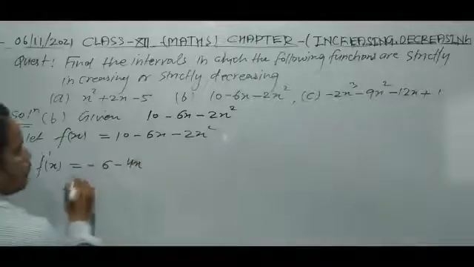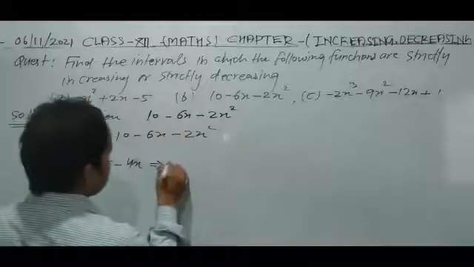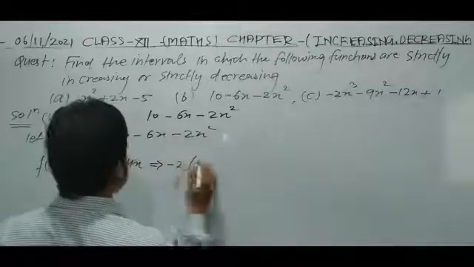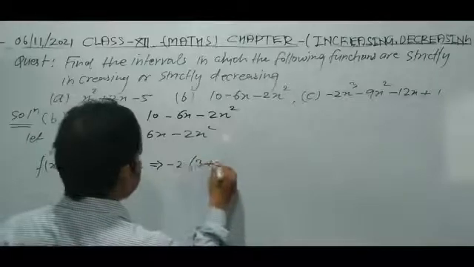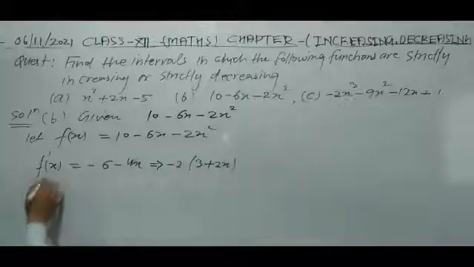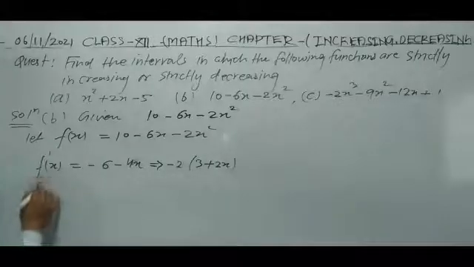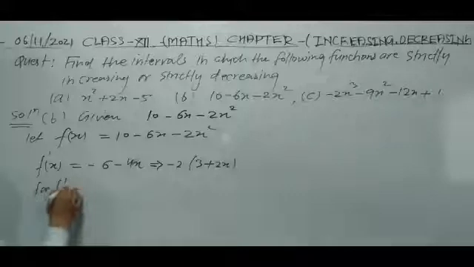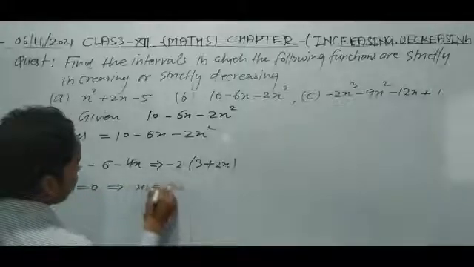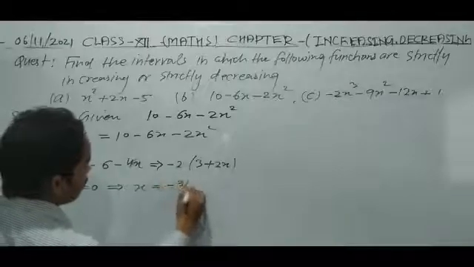So this one we can write, when you take minus 2 common, you will get 3 plus 2x, and after equating f dash x to 0, this implies x is equal to minus 3 by 2.